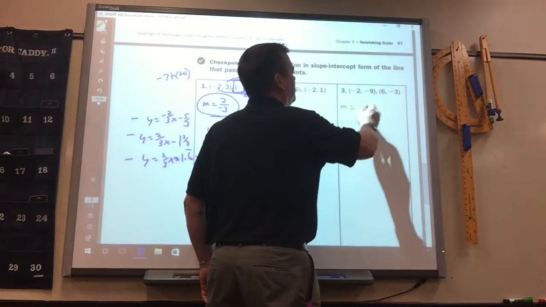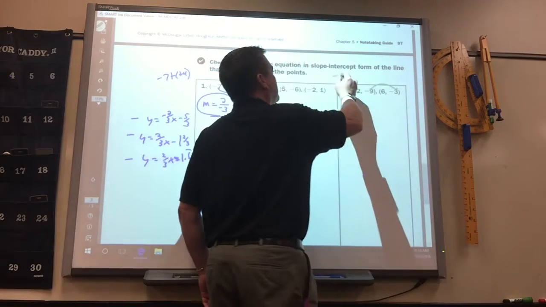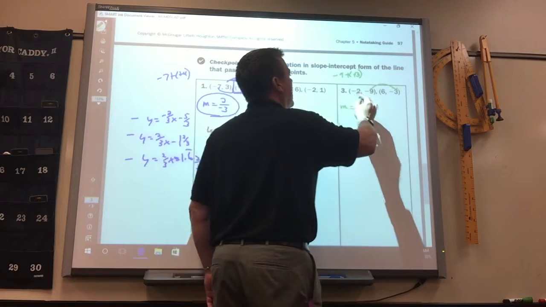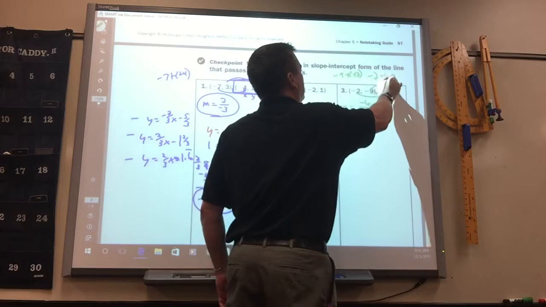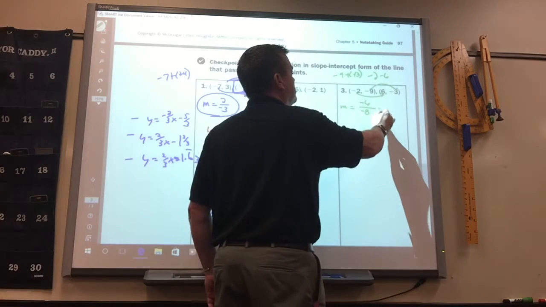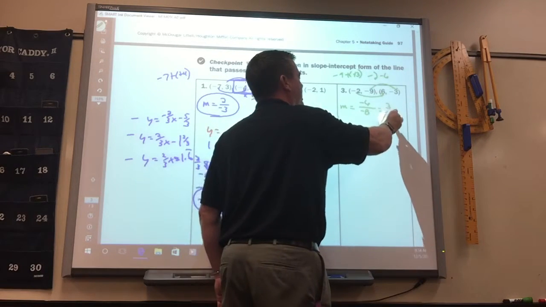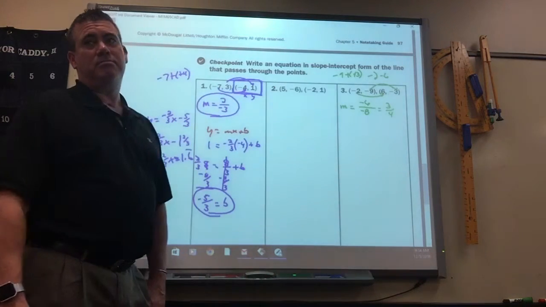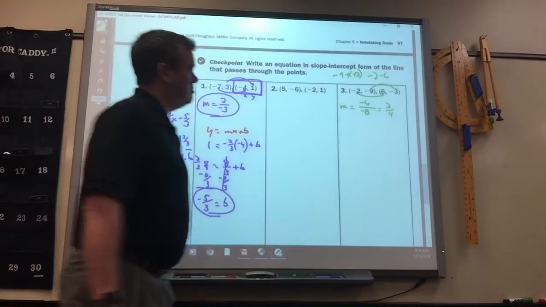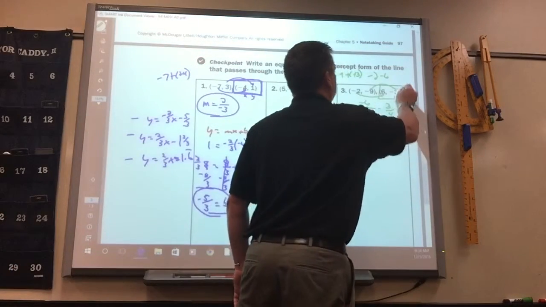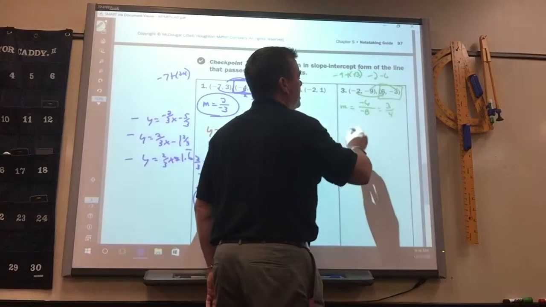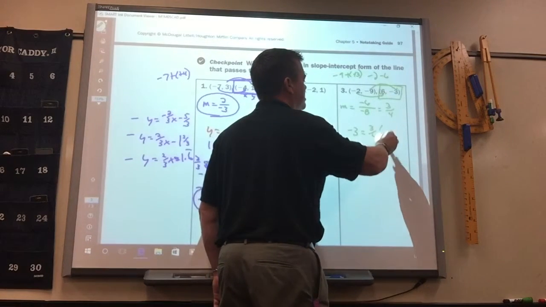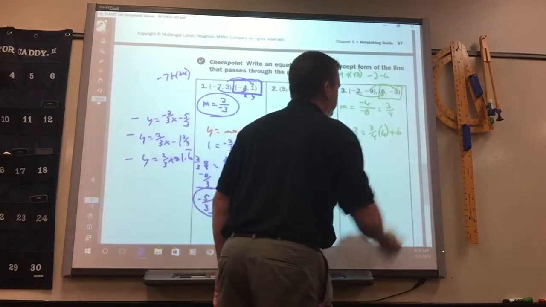First, find the slope. Y take away y is negative 6. X take away x is negative 8. So that simplifies to 3/4. Then choose a point. Does it matter which one? No. Pick whichever one you want. Put this in for y. We know the m is 3/4, the x is 6 plus b.